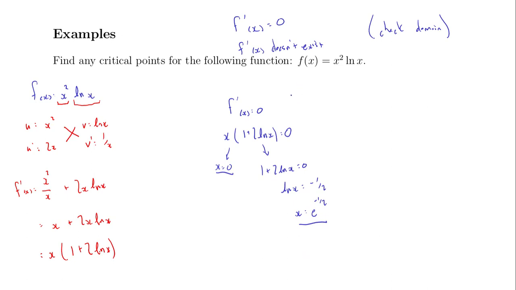I also might want to look for where my derivative doesn't exist. My derivative doesn't exist when the natural log of x doesn't exist. So we'll say x equals 0 or x is less than 0, because the natural log gets screwed up at 0 or negative inputs.